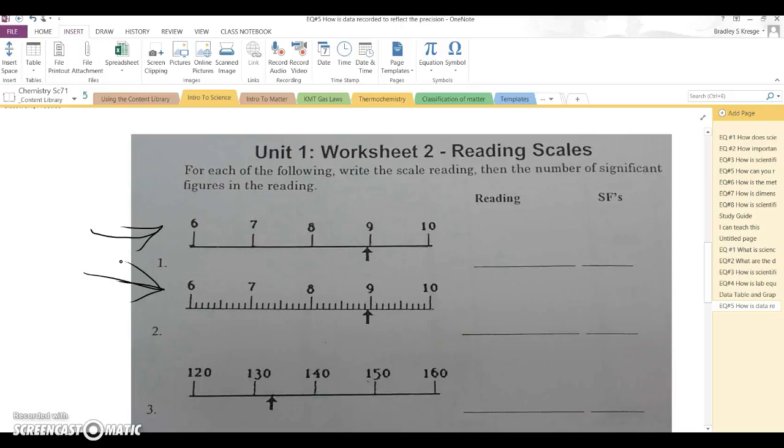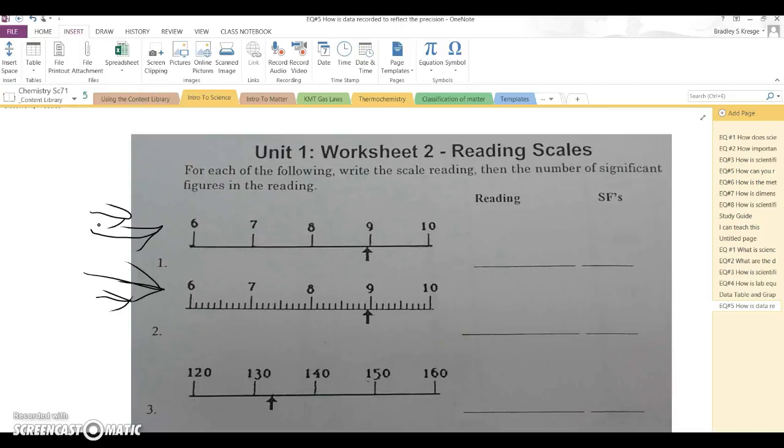But we can see that those scales have different markings. This scale down here has a marking in the 10th position. This scale up here only has a marking in the 1's position. So when I record my data, I want my data to reflect that. So when I look at my measurement, I have an idea of what that tool looks like.